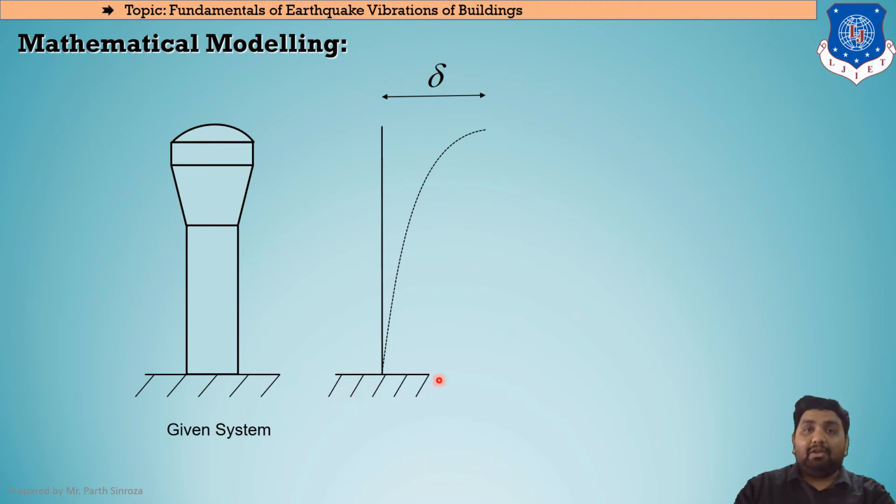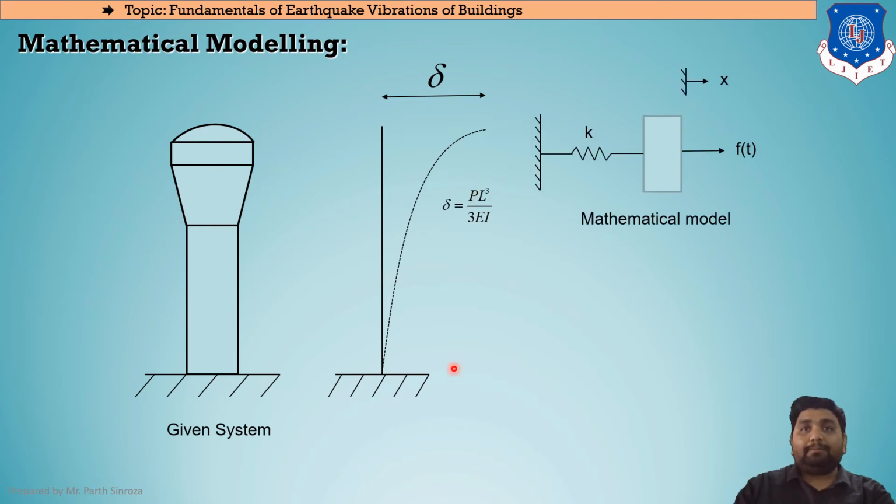As you can see here, if one support is fixed and the other support is free, it can be termed a cantilever. So delta will be PL cube by 3EI. EI will be the flexural rigidity, P will be the horizontal force, L will be the length of the support. Now this is the mathematical modeling that we need to write and ask in your examination.